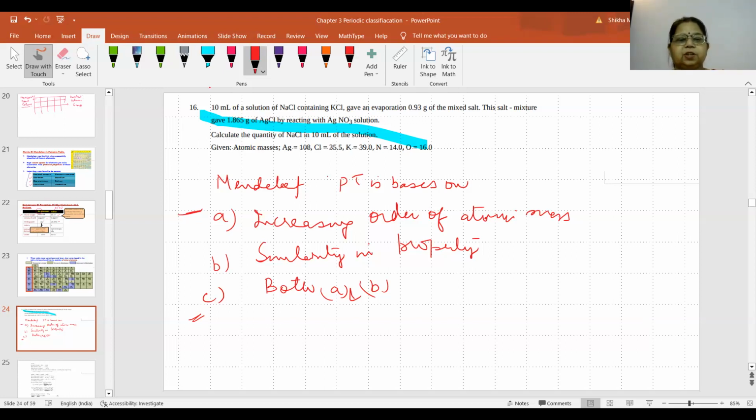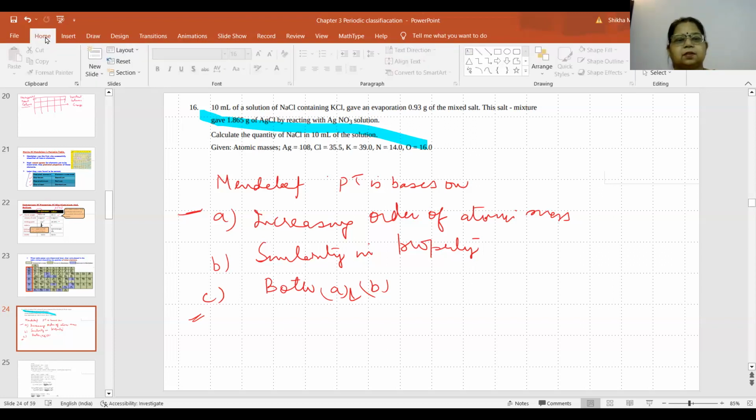Done the question or not? Ma'am, I'm getting option B, A. Okay. I will go with the similarity in property.